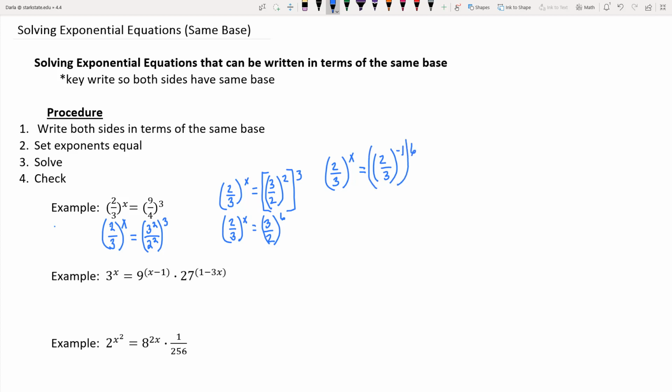Some of this I would take shortcuts on, but for the sake of the math, that (2/3)^-1 is equivalent to your 3/2 that you had originally. So this becomes (2/3) raised to -1 times 6, which is -6. And now you have like bases on the left hand side and right hand side, so set your exponents equal, and you see that x would be -6.